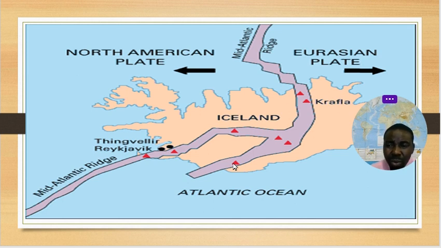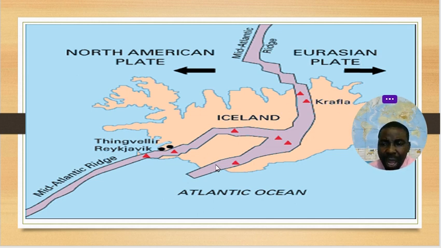As this eruption takes place, the magma touches the water and it cools and becomes solidified. Consistent accumulation of this results in what is called oceanic ridge. Then in the process of time, this oceanic ridge breaks the surface of the water and forms this Iceland that we are seeing here. Thank you for the key points that you have taken note of, because at the end of the lesson, I'm going to give you a task related to this.